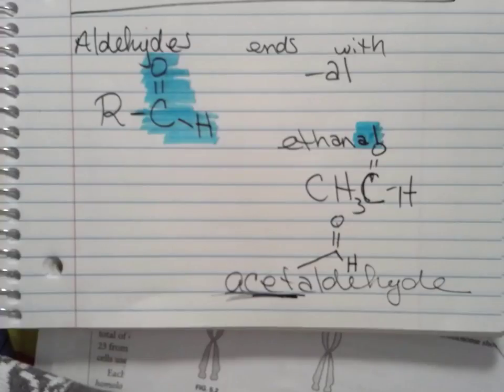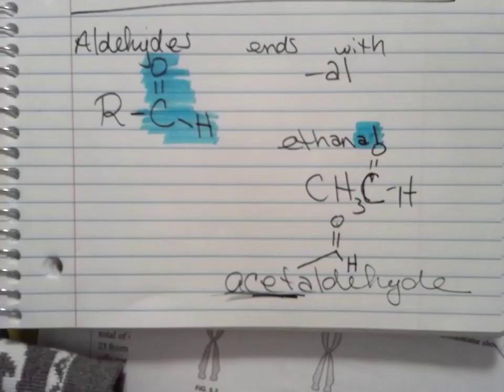You're used to calling it acetic acid. If you're not used to calling it the IUPAC name. So just like in inorganic chemistry, there will be some common names that we'll get used to seeing.